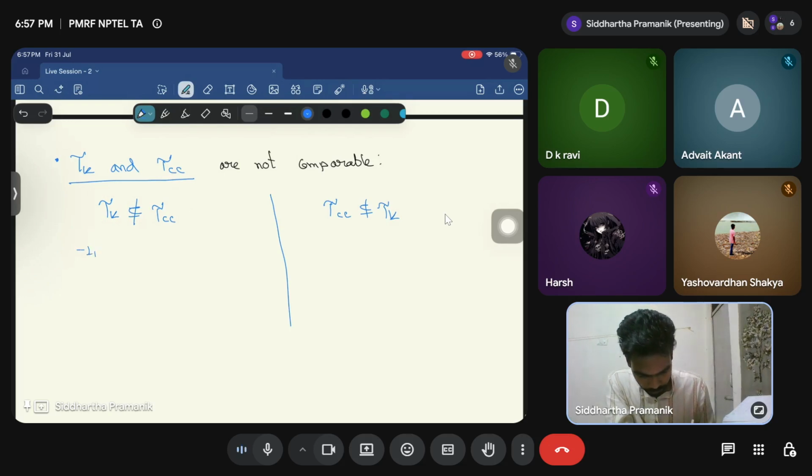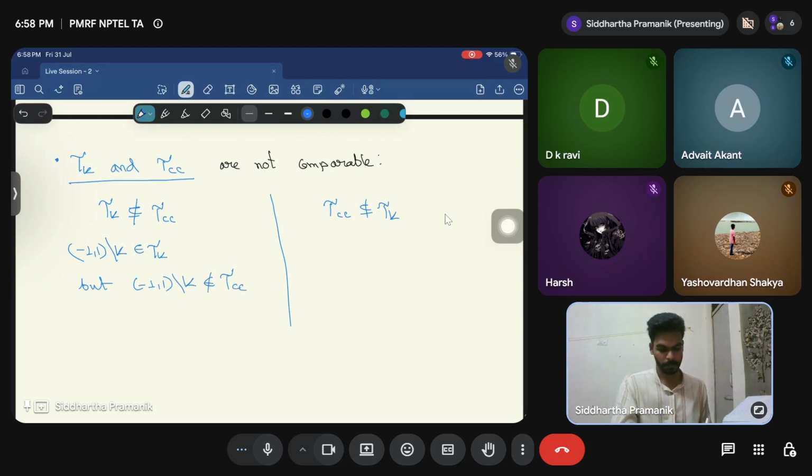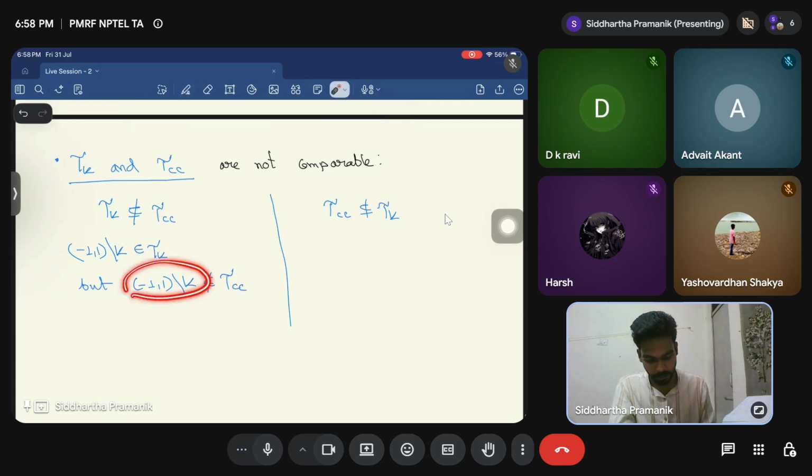Let me take that same set. The open interval (-1, 1) minus K is an element of tau K, but it is not an element of the co-countable topology. It is clear, right? Because its complement is not countable. This interval is uncountable and you are subtracting a countable set.